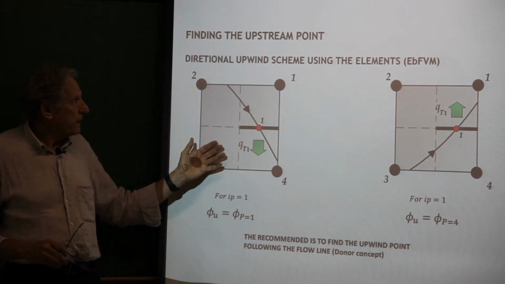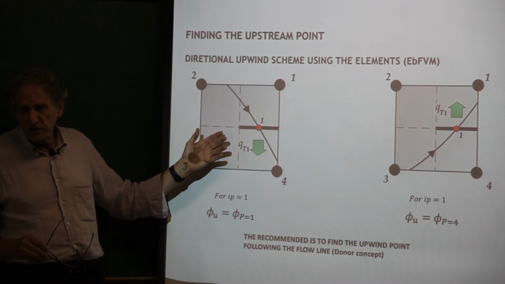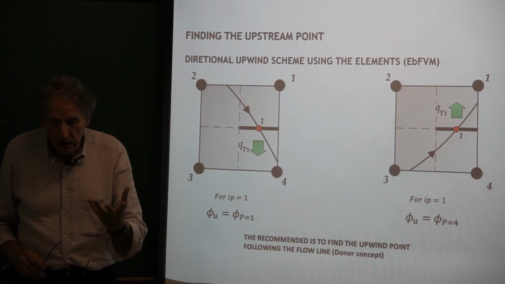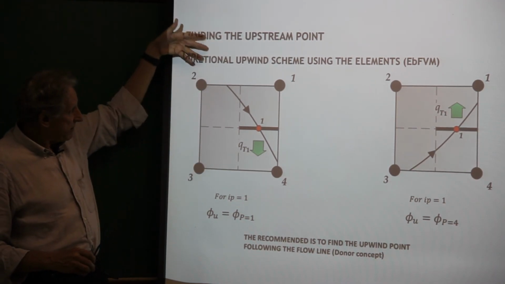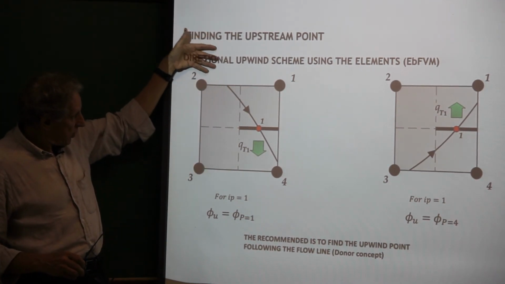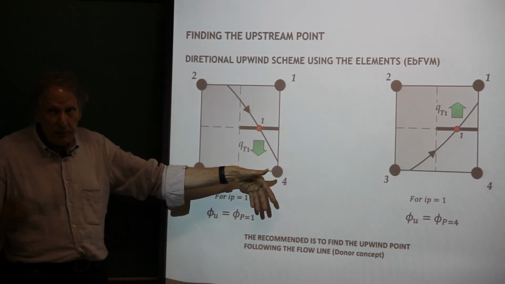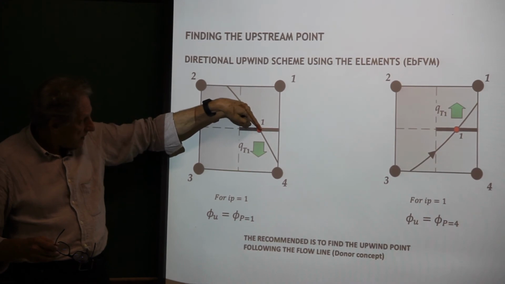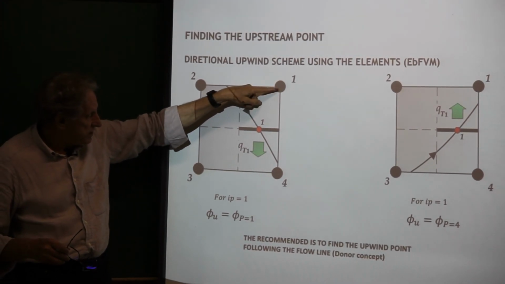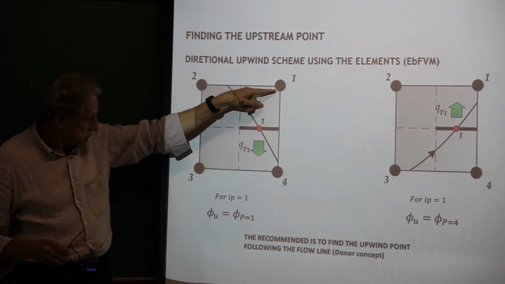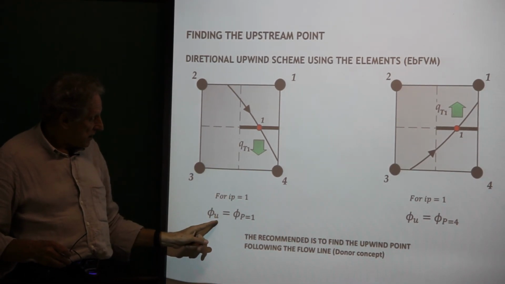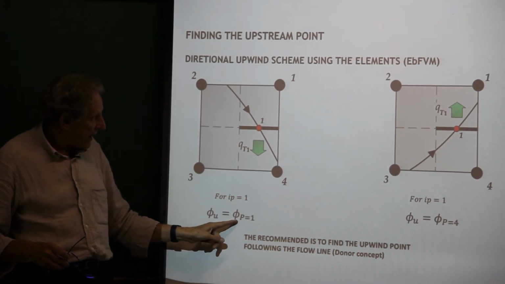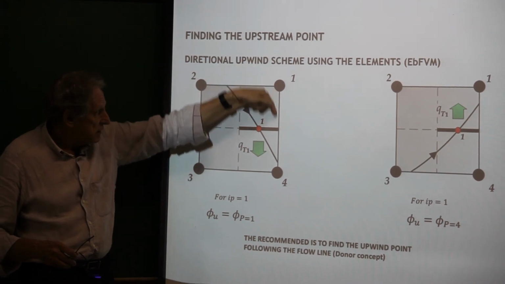One way to do this is, again, the pure upwind scheme. Here's my element, and I have a flow like that. I'm interested in calculating the flux here. I'm saying that the upstream is number one, so phi upstream is the phi at point P equal to 1.